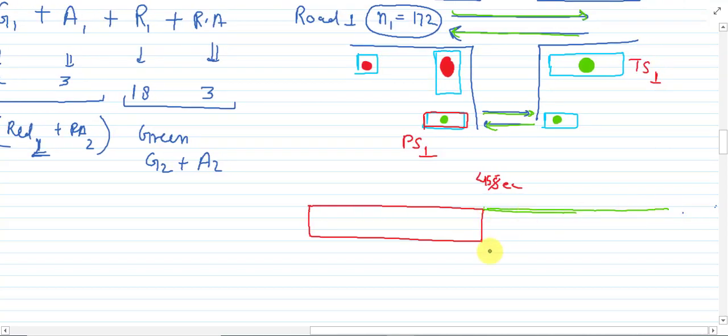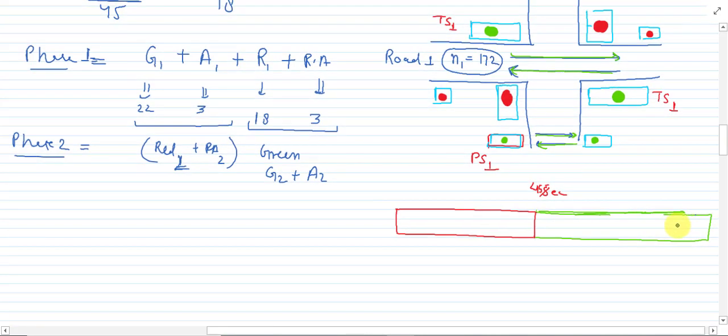So we will just draw like this. This one has a greater length than the red one. Out of this 22 we have 3 for amber time. So we will just use like this. This is the amber one. And out of the red time 18 second we have some of the time for red amber time. So we will just mark it with this value.